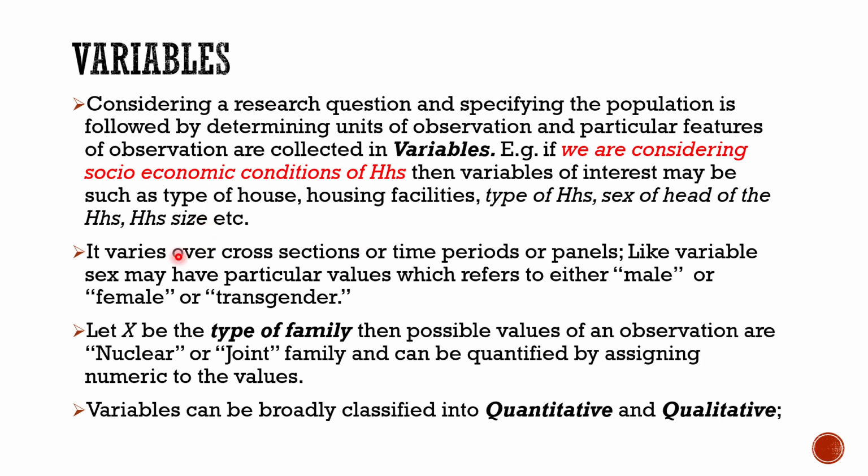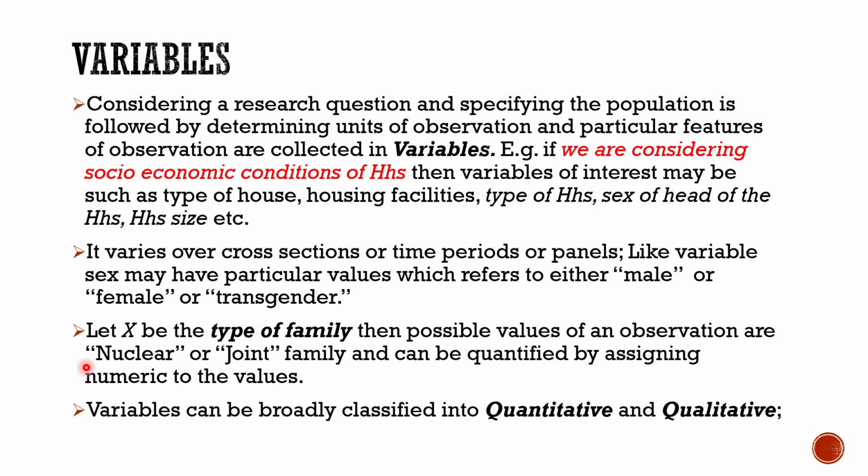So it varies over cross sections or time periods or panels. Like variable sex may have particular values which refer to either male, female or transgender, or we can assign numeric values to these. Let an example be like we have a variable x that is for type of family.